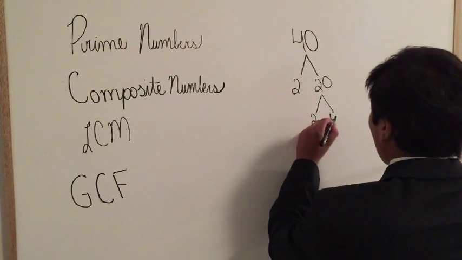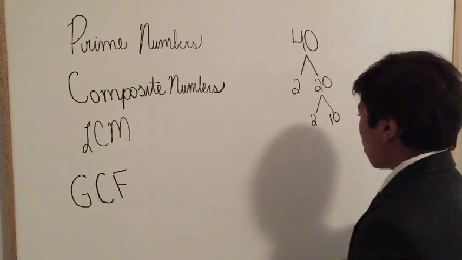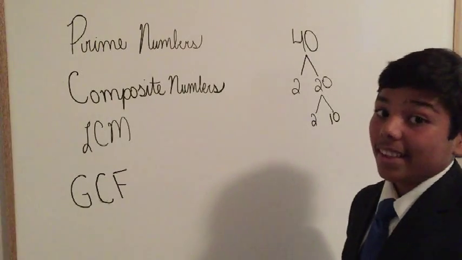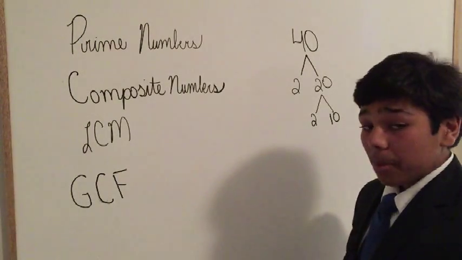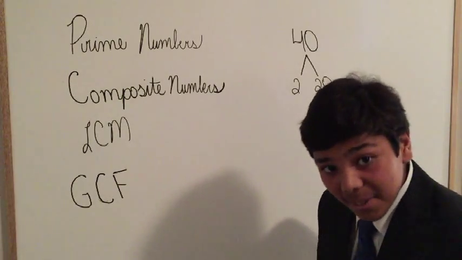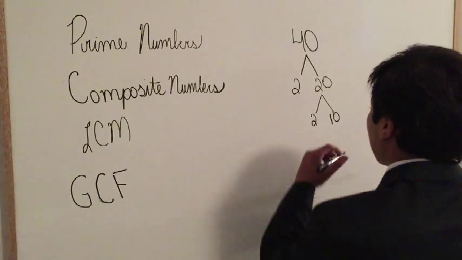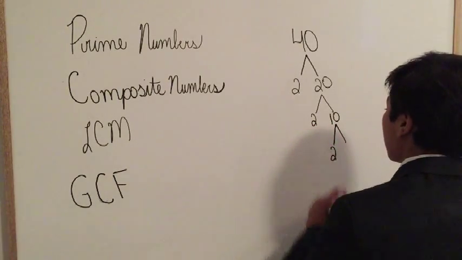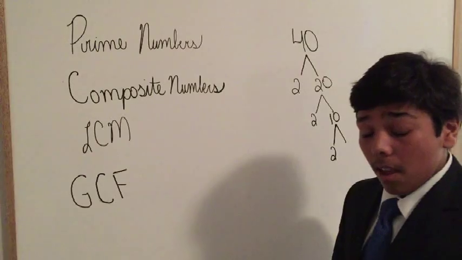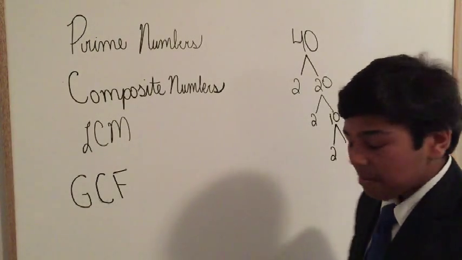So we'll put 10 on the other hand. Okay, 10 is a composite number. So let's think to ourselves, the lowest prime number that can be divided into 10 is 2. Well done. So we'll have 2 on this side, and 2 multiplies 5 gives us an answer of 10.